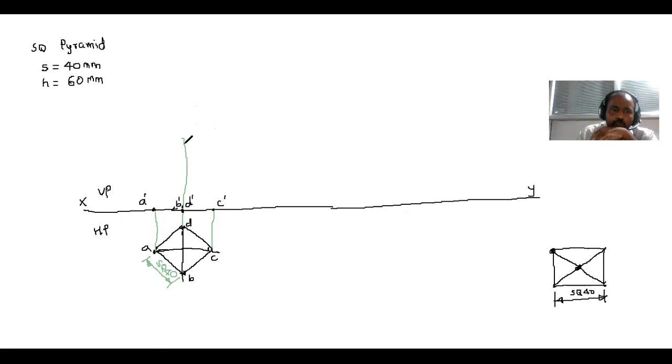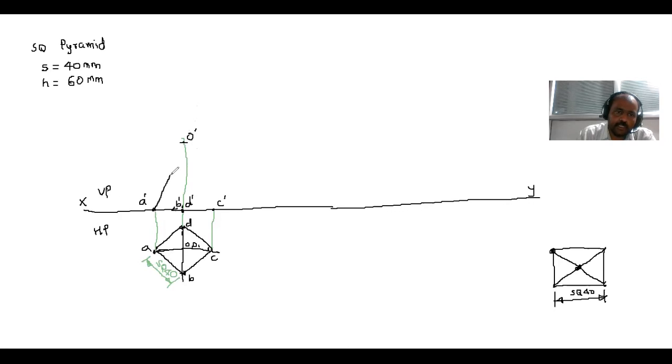So I plot a height here. This is O and O1. This is the O point. After that, this is the O dash point, because in the front view we give dash to every point. And after that, I join the lines.